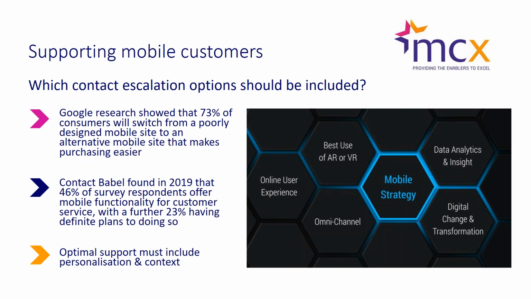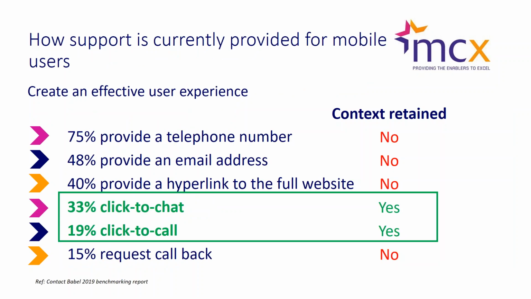And what's interesting from a customer support perspective is how best you provide assistance when customers need to contact you, when they are confused or require support. And again, using the same Contact Babel benchmarking report, a staggering 75% of providers just provide a telephone number.